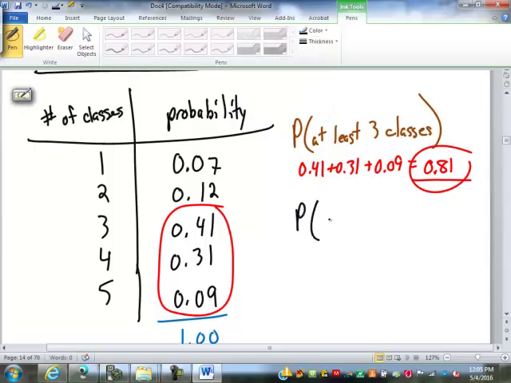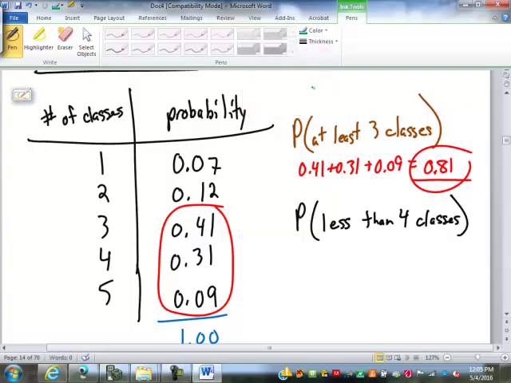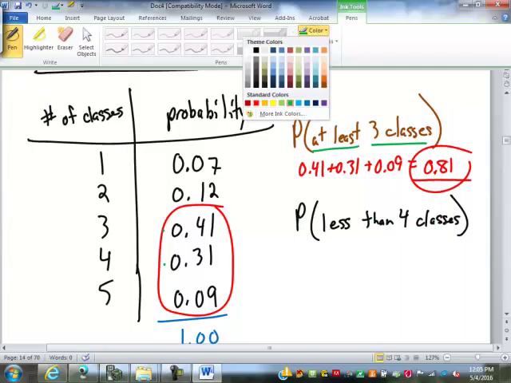If I know the probability that the randomly selected student would have less than 4 classes. Now, wording is very important here. Here I said at least 3 classes, so that would say 3, 4, or 5. The 3 is included. Here I did not say at most 4 classes. I'm going to write that down here.